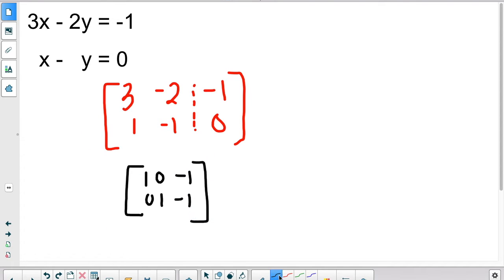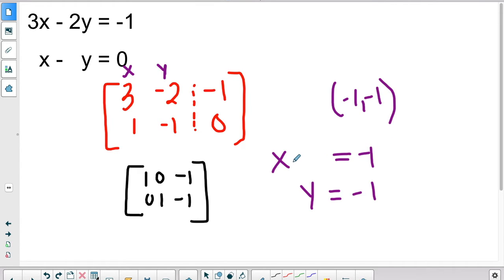Now if we think back to how we set this up, we set x in the first spot, y in the second. So what this is saying here, our first equation is that x equals -1. Here we have y equals -1. And this is our simplified row echelon form. So it tells me that our solution for this here is -1, -1, x and y.